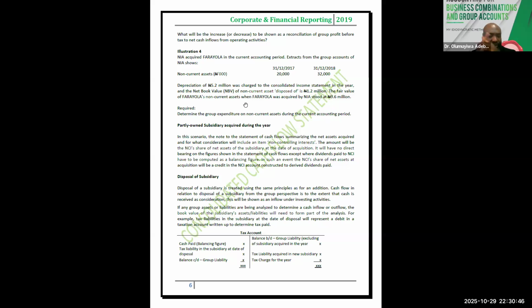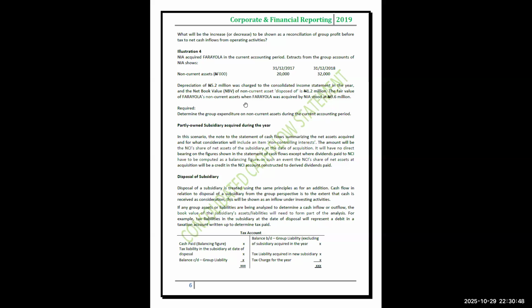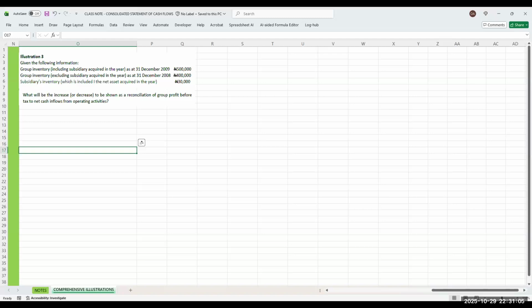Okay, what then is the question? What will be the increase or decrease to be shown as a reconciliation of group profit before tax to net cash inflows?